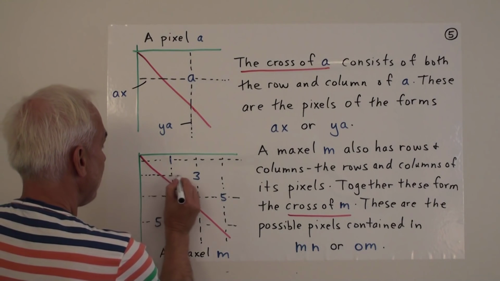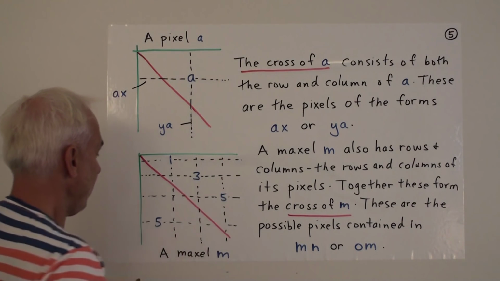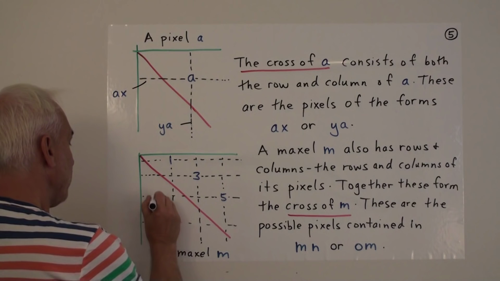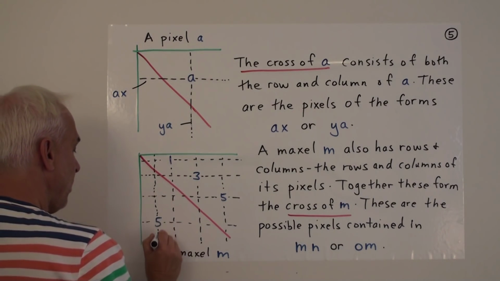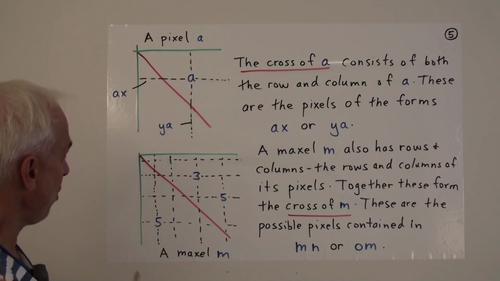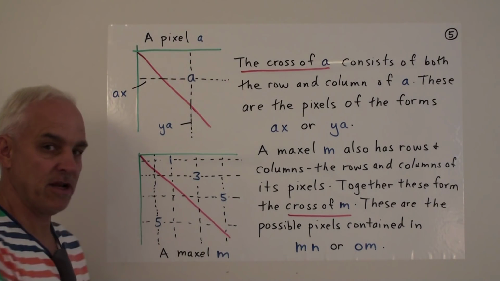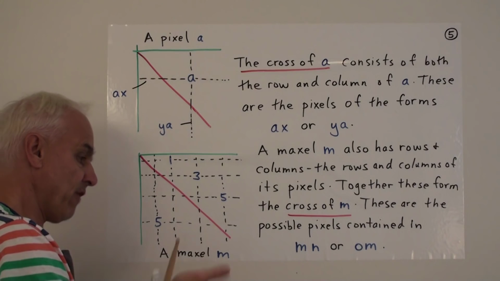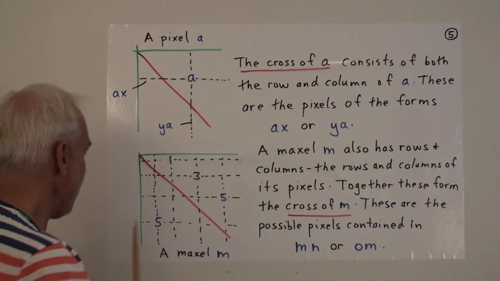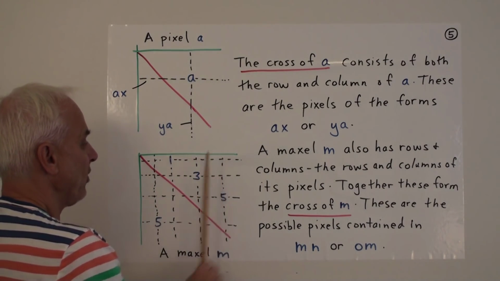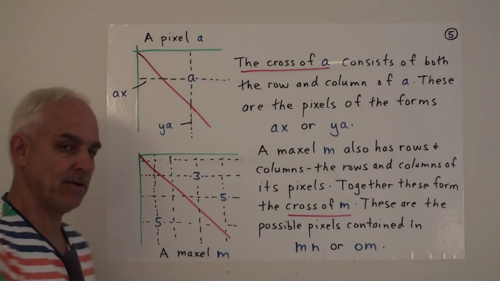That's also a pixel in our maxil, so it also gets a row, and I see I've forgotten this column. Okay. There we go. Okay, so now we have 4 rows associated to this maxil, namely the rows of the pixels that it contains, and 4 columns also associated to this maxil.